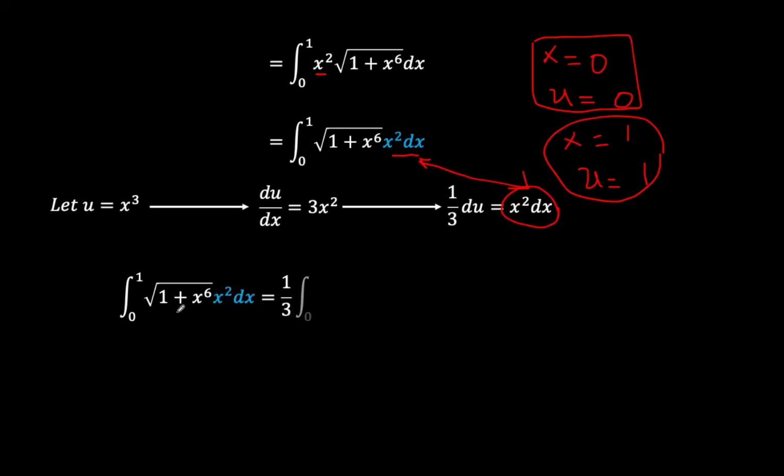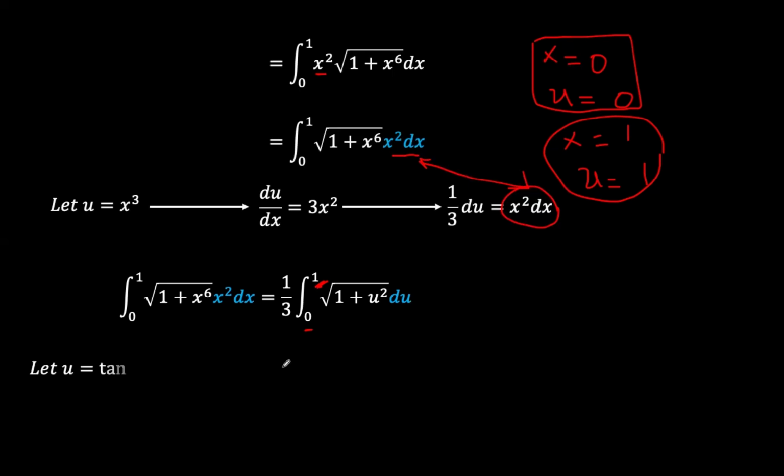And so for our new integral, in place of x squared dx, we have a third du. So we pulled out a third. In place of x equals 0, we put u equals 0. In place of x equals 1, we put u equals 1. And in place of 1 plus x to the power 6, we have 1 plus u squared, because x to the power 6 is the same as x cubed squared.